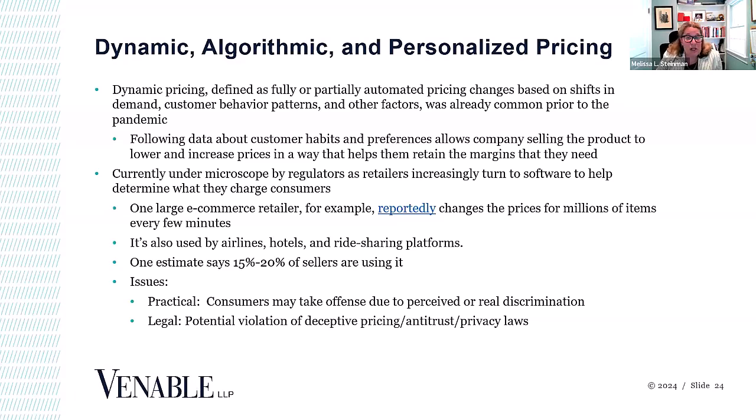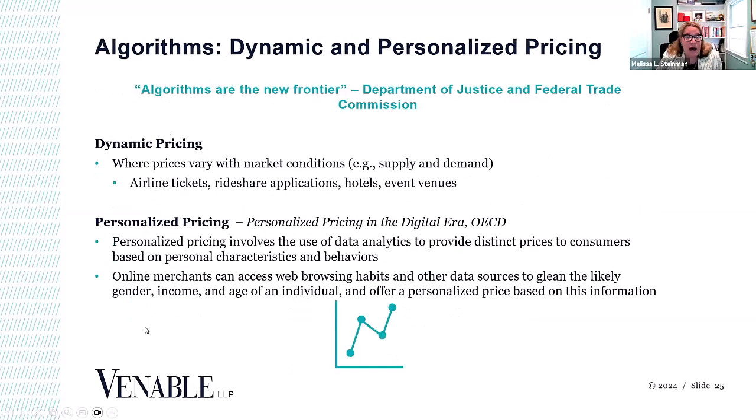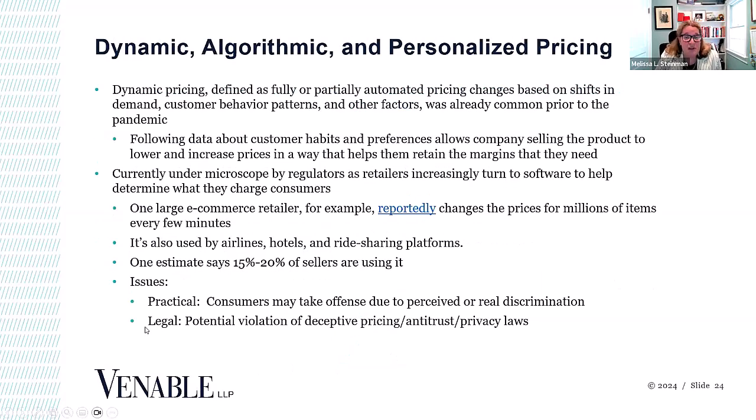And ultimately it has a customer positive effect in the sense that companies are able to lower and increase prices in a way that helps the company retain the margins they need while hopefully giving customers what they want as well. It is, however, under the microscope by the Federal Trade Commission, by the Department of Justice, and regulators generally.